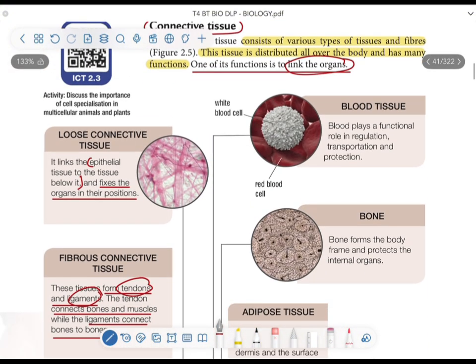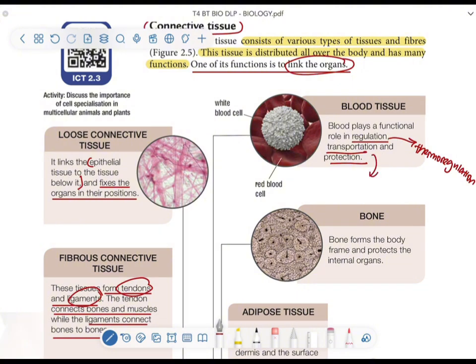And then next, blood tissue. Blood plays a functional role in regulation, transportation, protection, and so on and so forth. Regulation means it can be thermal regulation. For example, your blood is warm, so it can maintain our human body temperature in a stable range.